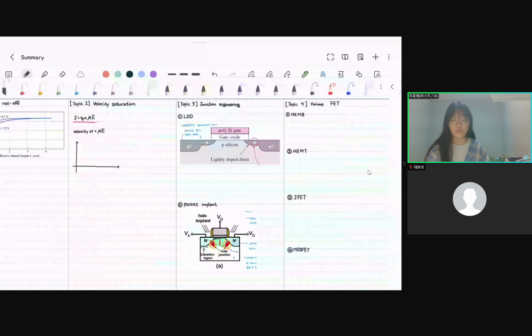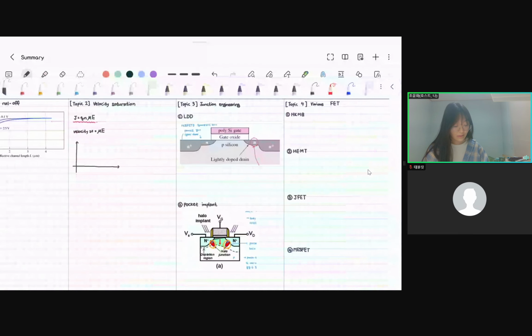By the solution, we will learn two things. And last, we will learn about various field effect transistors except the MOSFET. So let's start with the VT roll-off.